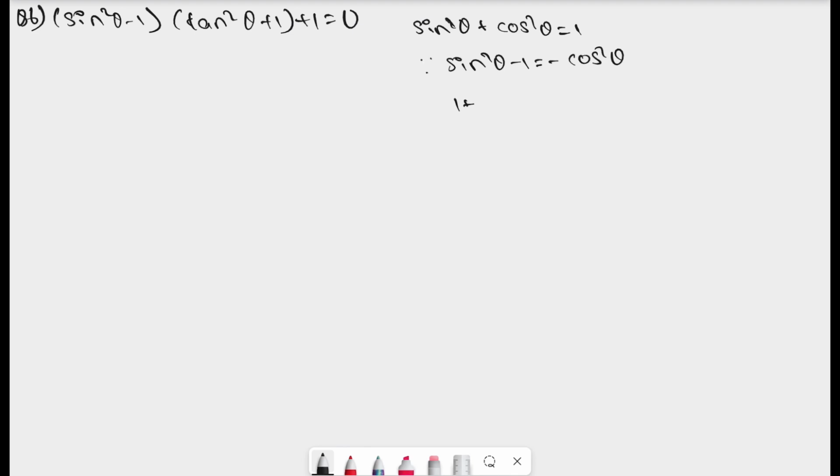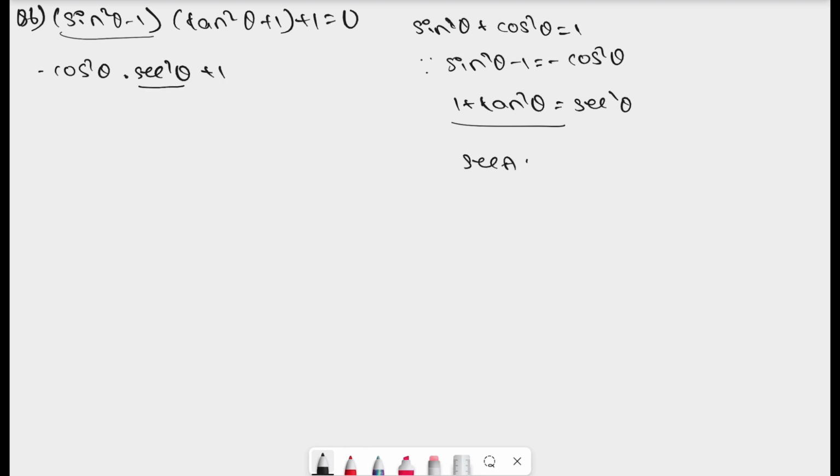And next we have 1 plus tan square theta is equal to secant square theta. So I'll replace these two with these two conditions. In place of sin square theta minus 1, I'll write minus cos square theta. And in place of 1 plus tan square theta, we can write secant square theta. And this plus 1 remains the same. As we know, the secant is the inverse of cos.